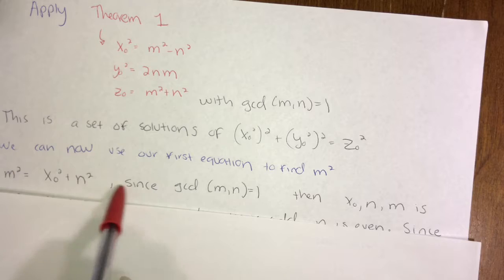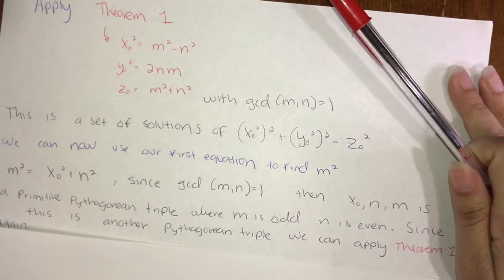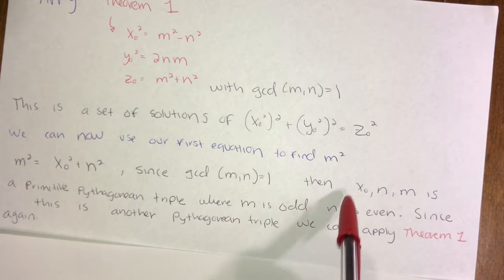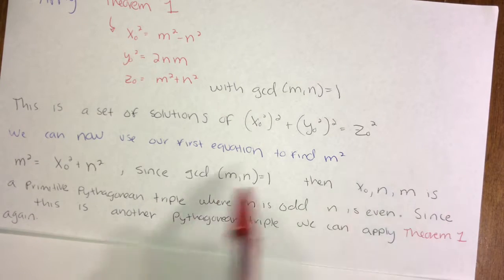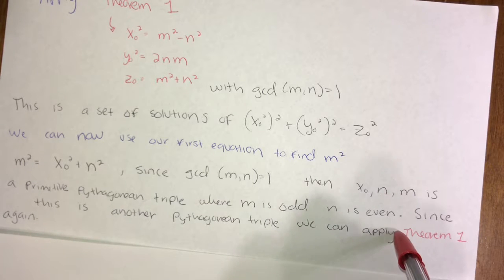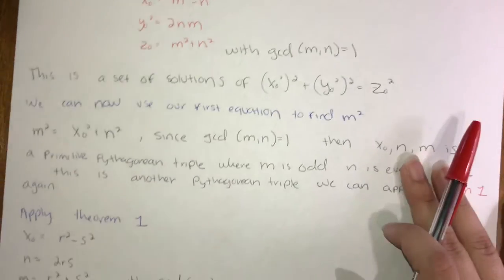And since this is so, we can now say that x sub 0, n, and m is a primitive Pythagorean triple where m is odd and n is even. And again, this creates another Pythagorean triple, and we can again apply theorem 1. So I applied theorem 1 once more.